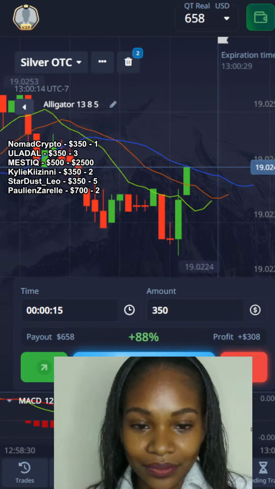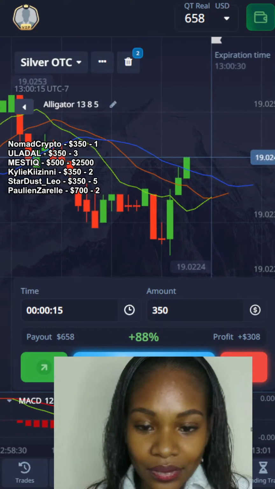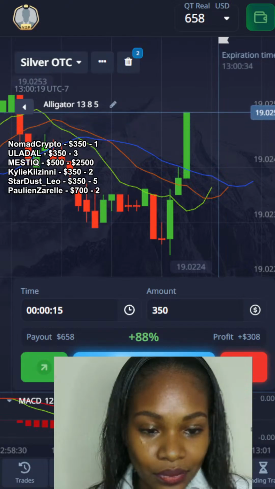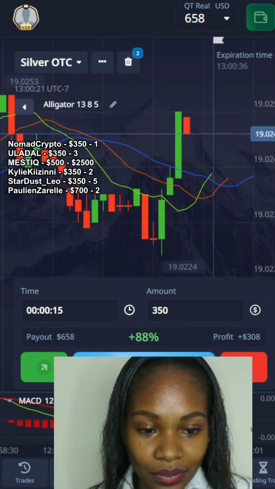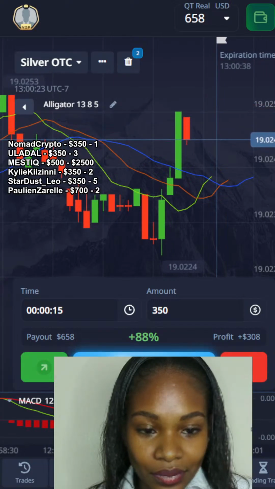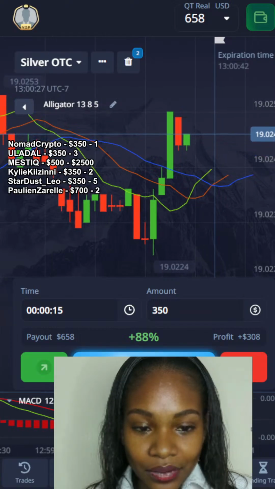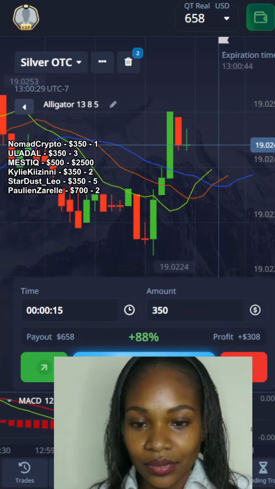The other thing you always have to look out for are those false breakouts, right? When we are breaking structure, at times it actually does not happen, okay?